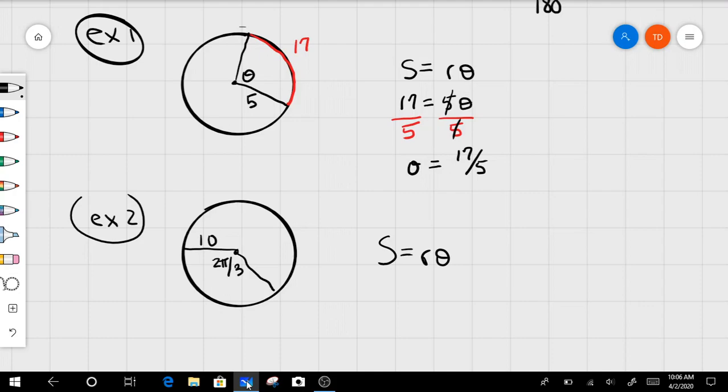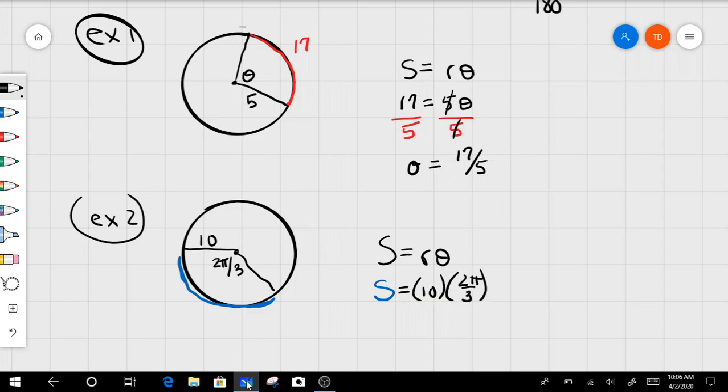Do we have our S value? No, we do not have the distance around the outside of the circle. We don't have this portion. So we don't have S. We do have a radius of 10, and we do have a theta of 2 pi over 3.